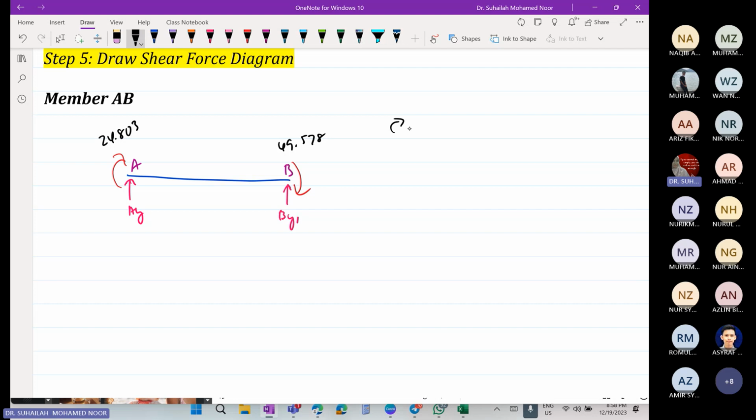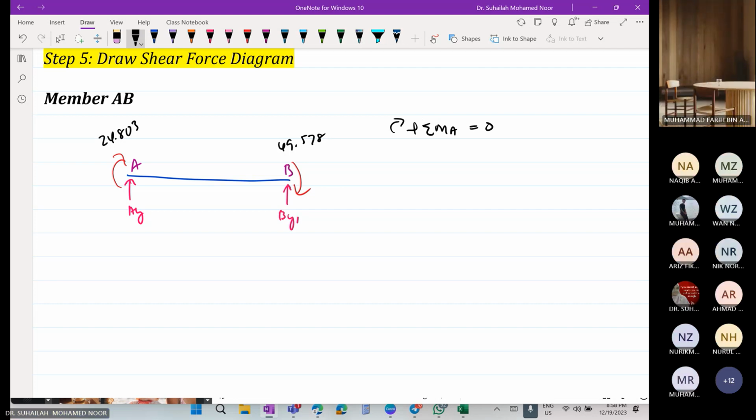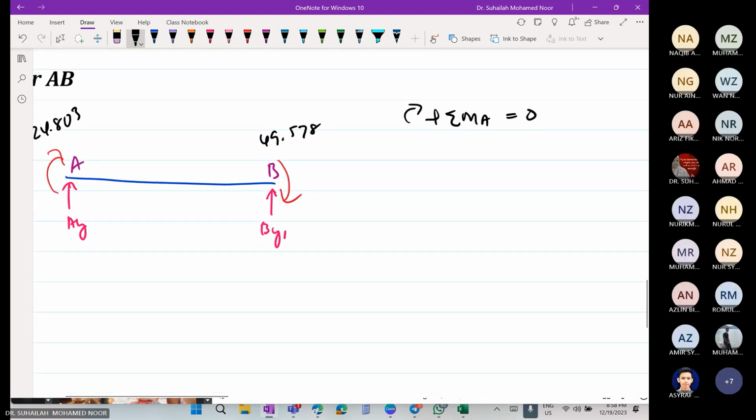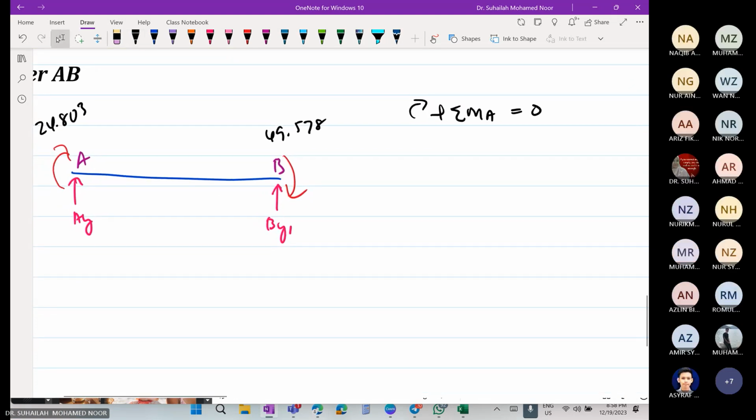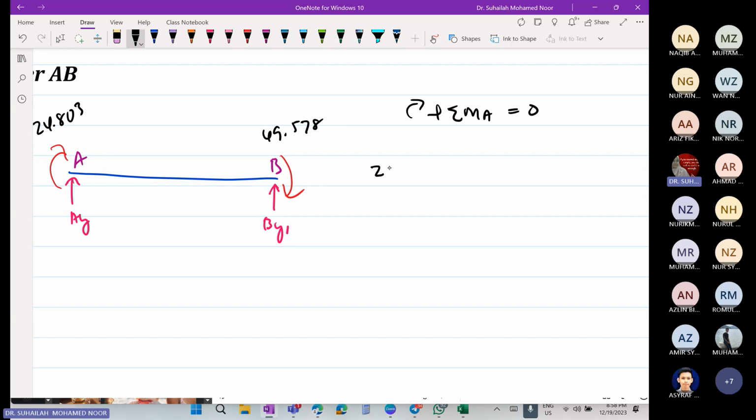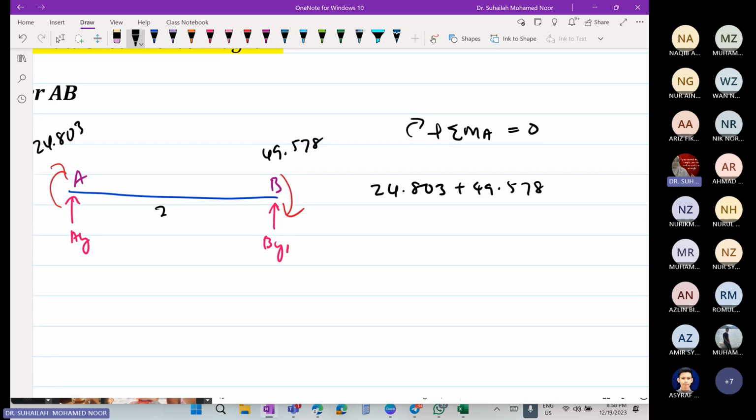We take moment at one end. It is 24.803 plus 49.578. Moment at A, 2.8 meter.